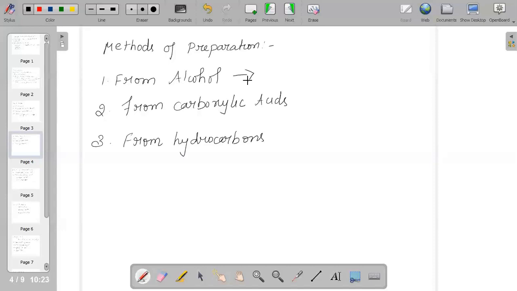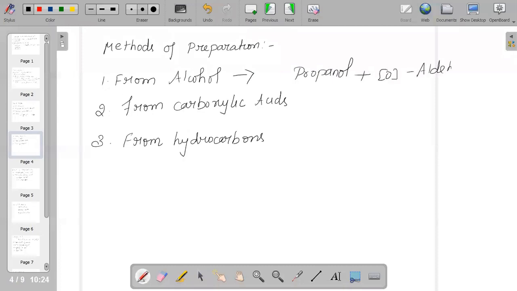We also need a poison in order to stop at the aldehydic stage, but all of them are good oxidizing agents. From a tertiary alcohol we can't get an aldehyde, as it will not have an alpha hydrogen. When propanol undergoes oxidation, it will give you an aldehyde.